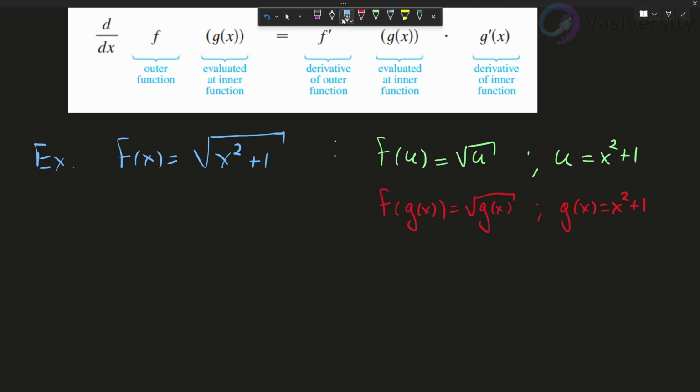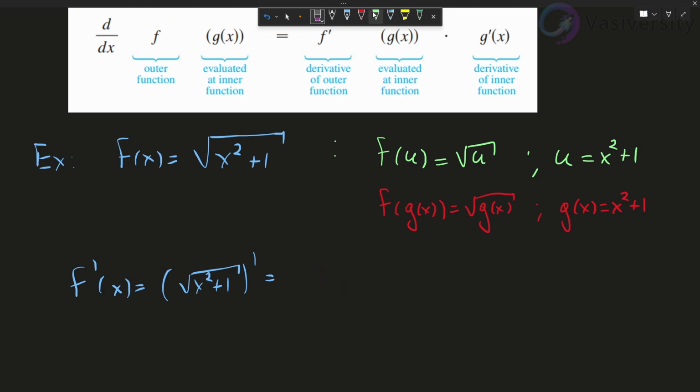But essentially, what is the derivative of the square root of u? We remember that. So f prime of x, the derivative of the square root of x squared plus 1, is going to be 1 over 2 square root of u, multiplied by the derivative of the inner function.